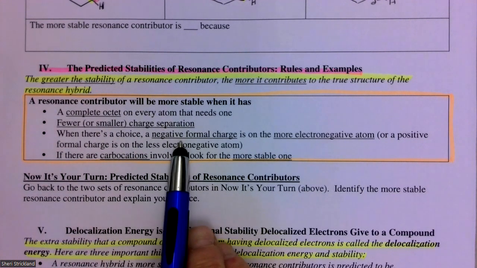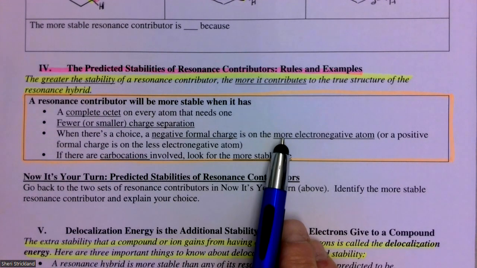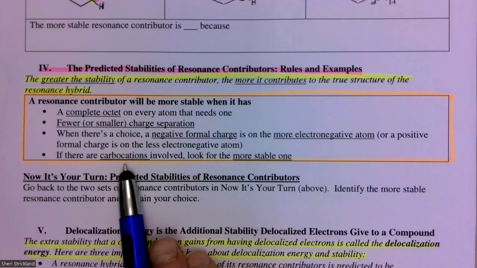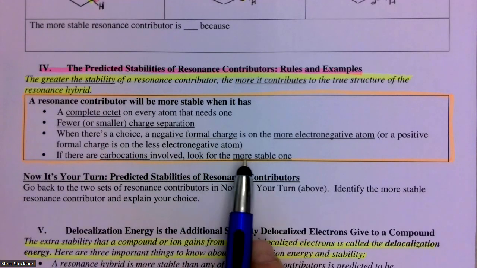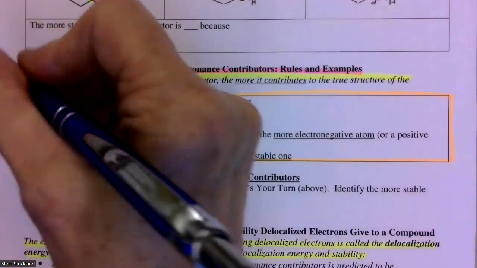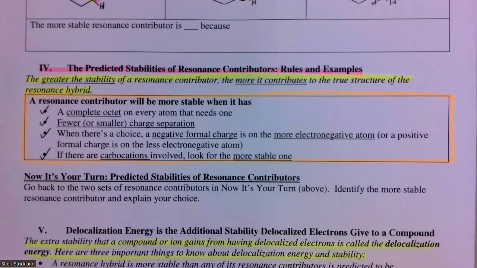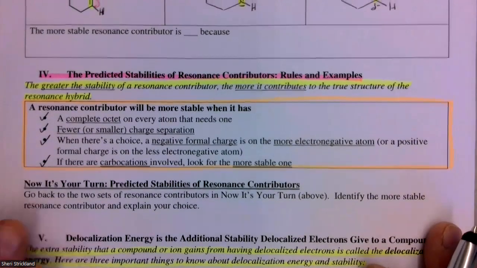When there's a choice, a negative formal charge on the more electronegative atom or a positive formal charge on the less electronegative atom. And if there are carbocations, look for the more stable one. So these are the 4 things in order that I would use to assess the relative stabilities of a couple of resonance contributors. So come on back up here.